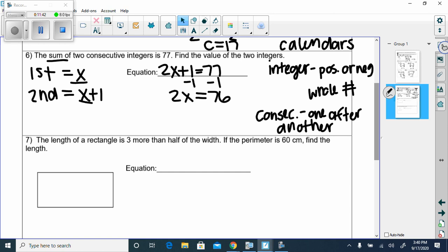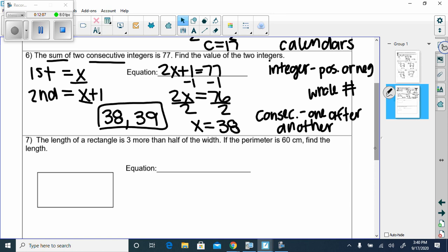And what is that? So if the first number is 38, then the second number is 39, it comes one right after another.